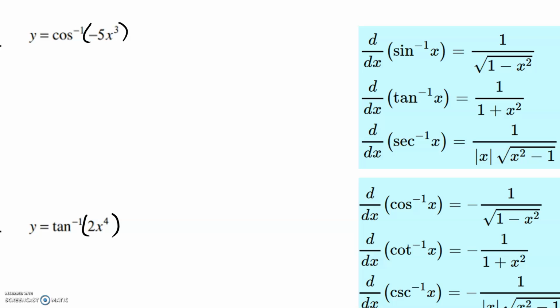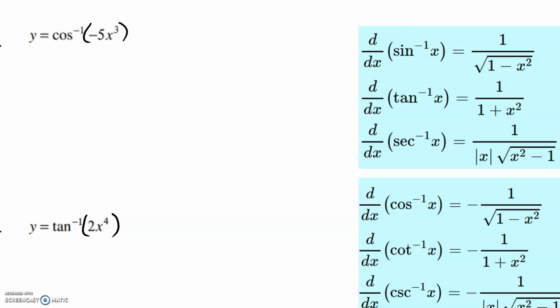So each of these two we're looking at right now actually has an inside function, because there's some variable expression happening with our x before we have the inverse cosine. So this is practice with the chain rule as well as these new kids on the block, these inverse sine, tangent, secant, cosine, cotangent, cosecant.